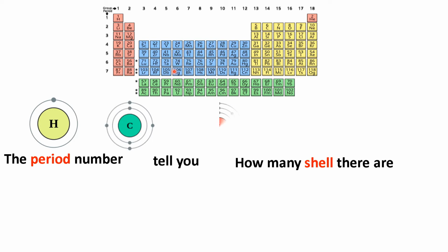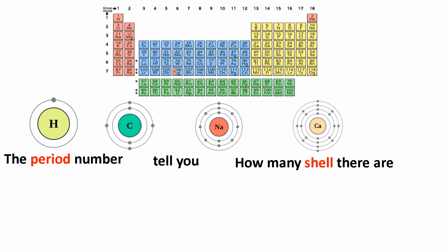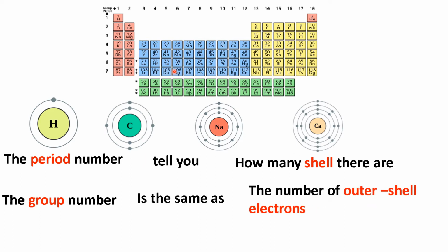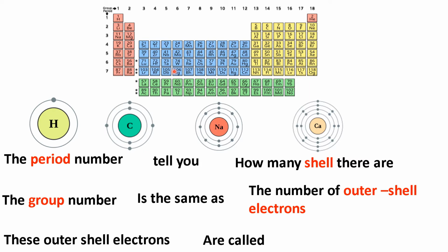Also, other examples: carbon atom, sodium atom, and calcium atom. Also, if we need to know the group number, it's the same as the number of outer shell electrons. And these outer shell electrons are called valency electrons.